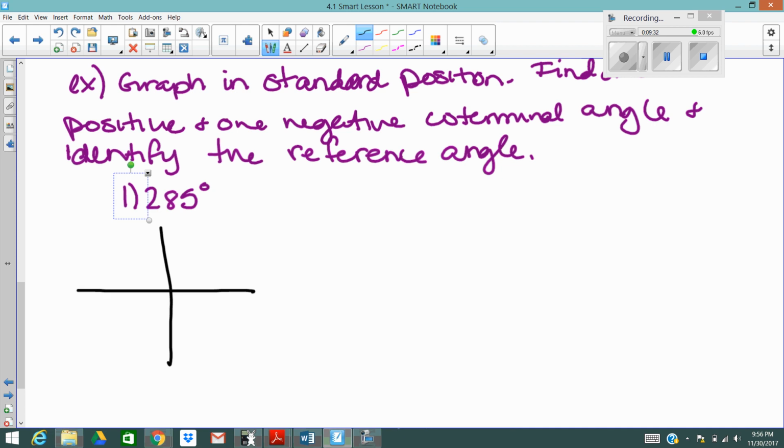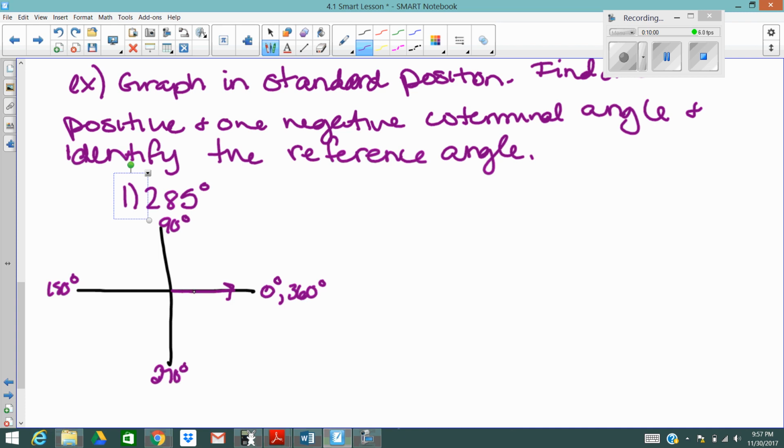So let's get our axes. So 285 degrees. We have our initial side, the positive x-axis, and if this is my circle, I'm going to start at 0 degrees. This would be 90 degrees, 180 degrees, 270 degrees, and then back to 360 degrees, etc. We can keep spinning, but we'll be okay with that.